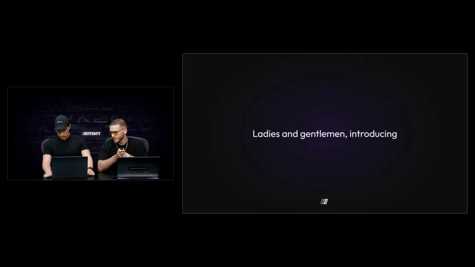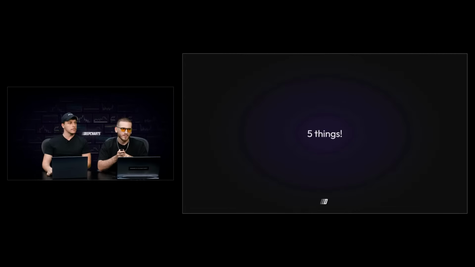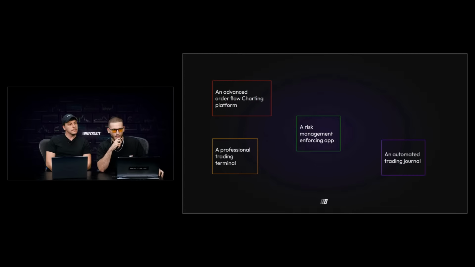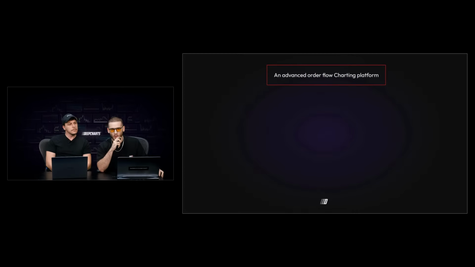Ladies and gentlemen, introducing 5 things. You expected one thing tonight, right? It's actually 5. We got an advanced order flow charting platform, a professional trading terminal, a risk management enforcing app, automated trading metrics, and a granular backtester. That's what we're going to present here tonight.